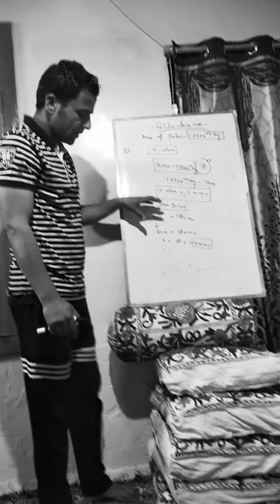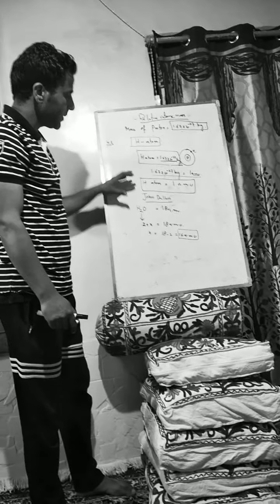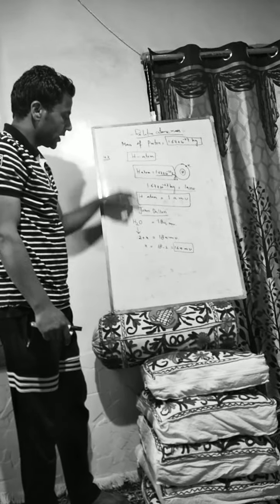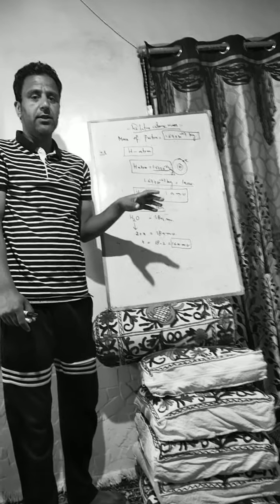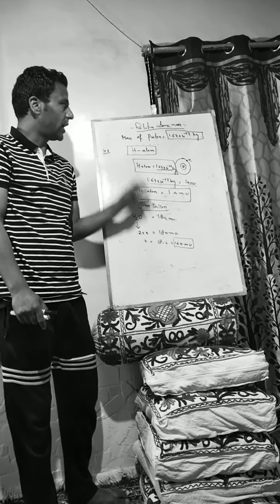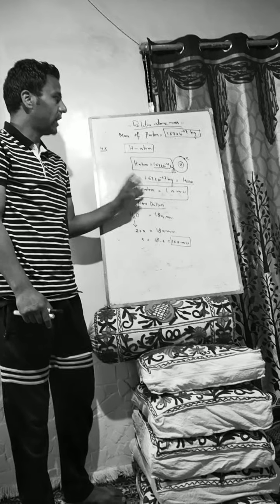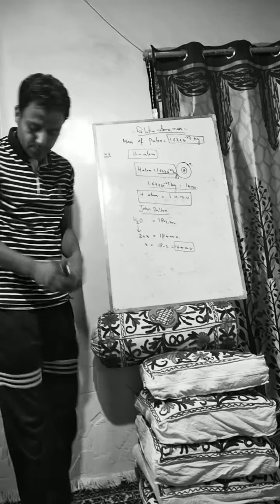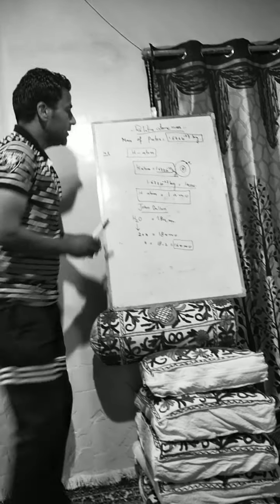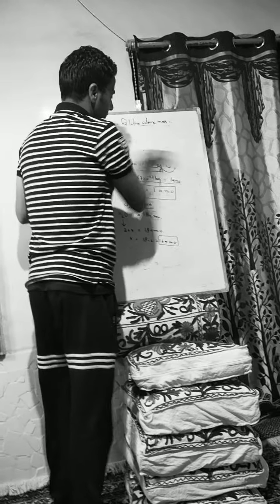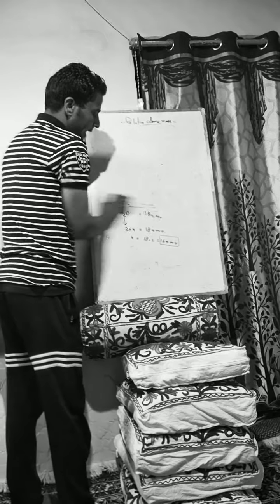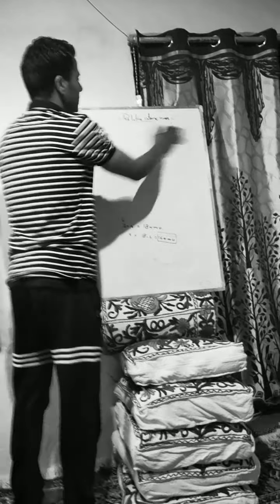Now, since the hydrogen atom is not reactive, meaning it does not react with all other elements, it's very difficult to calculate the relative atomic mass of all the elements. So instead of hydrogen, we use another element, that is carbon.